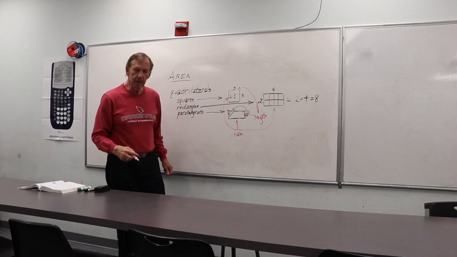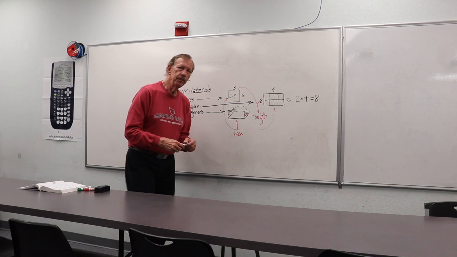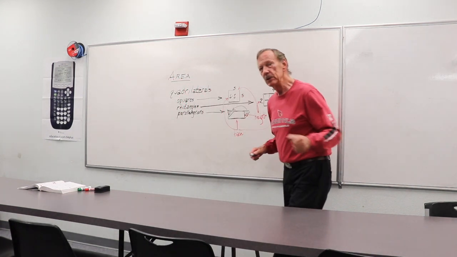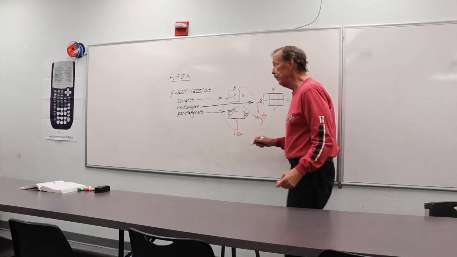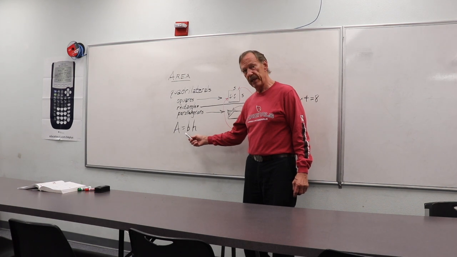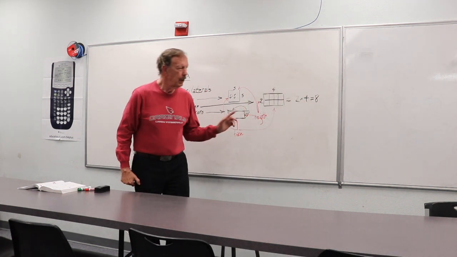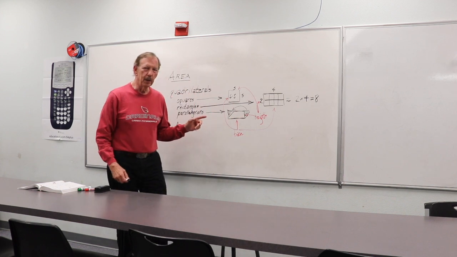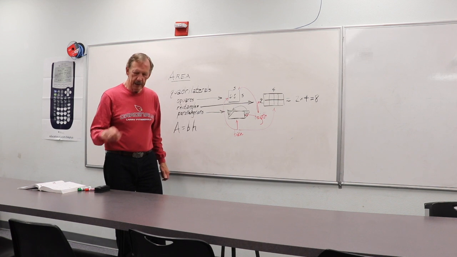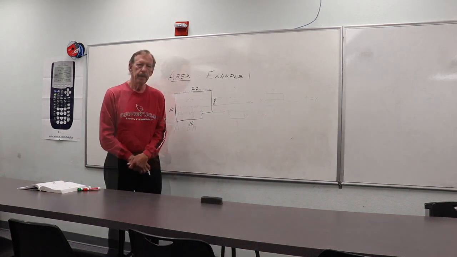So generally, when we look at a quadrilateral, we have this formula. The area is the base times the height. Mathematically, we write that the area is the base times the height. That's going to be a jumping off point for the area of triangles. But before we jump off, let's look at a problem where you have to use this formula.